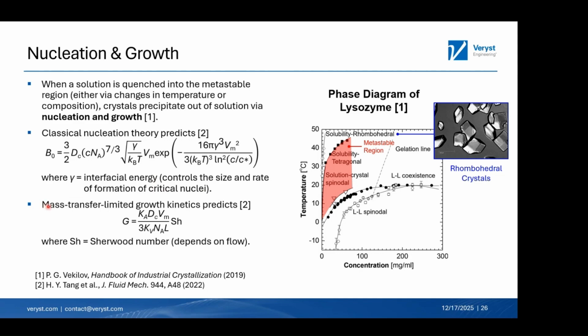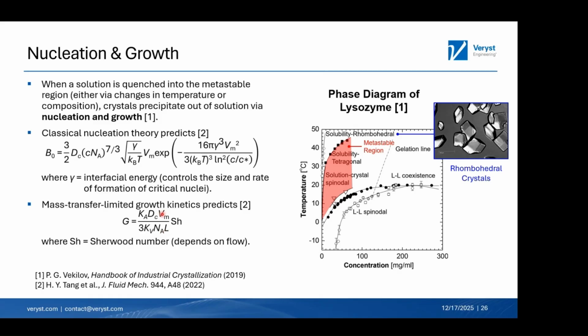Once nuclei have formed, they can grow by continued absorption of solute onto the surfaces, but that is a mass transfer limited phenomenon. If you model mass transfer limited growth kinetics, this is the classical three-dimensional solution to the diffusion equation shown here.